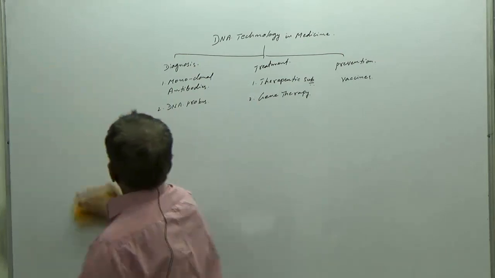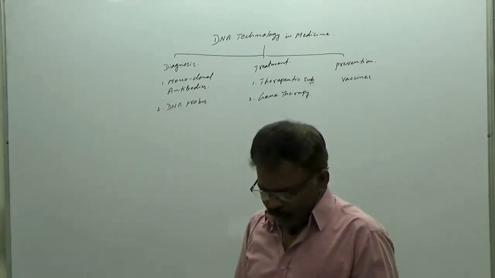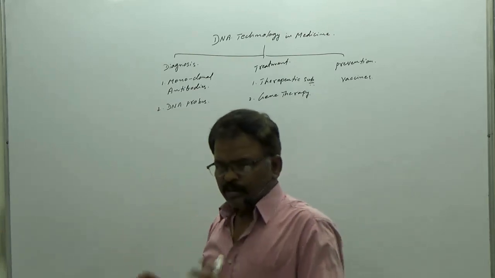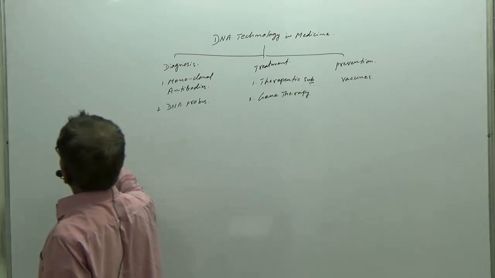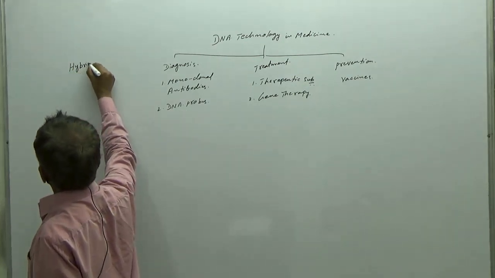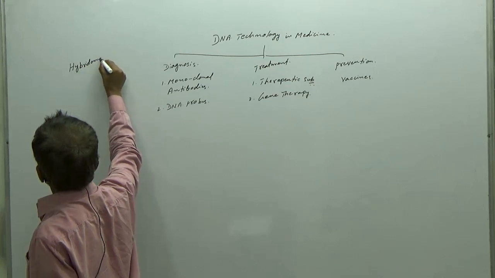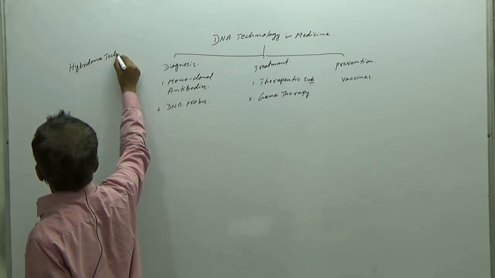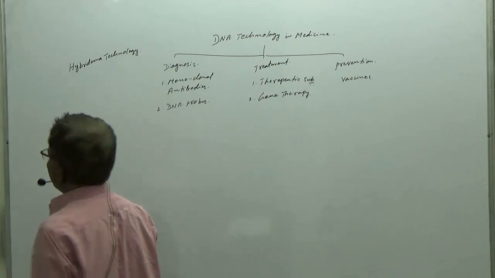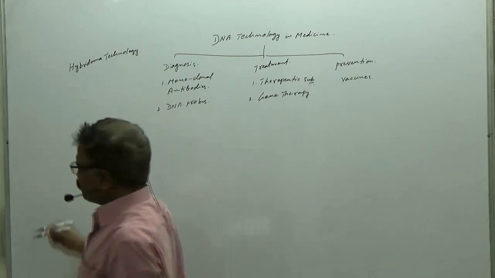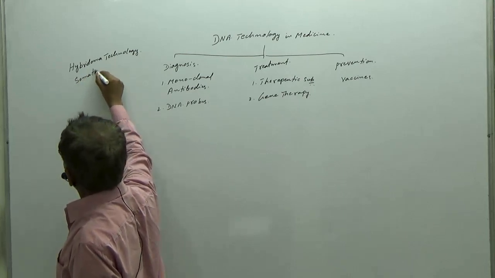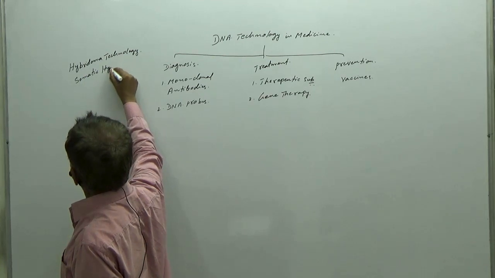Now, recently we are producing antibodies by a specific method known as hybridoma technology. This is also known as somatic hybridization.